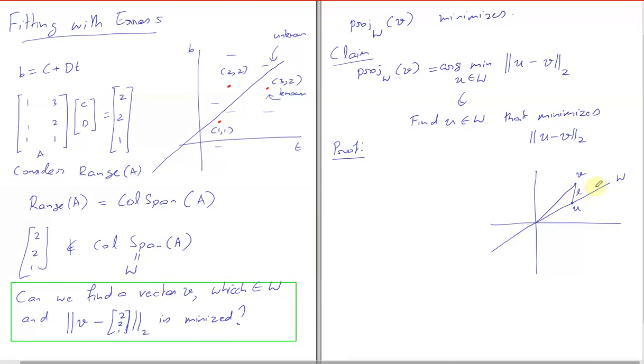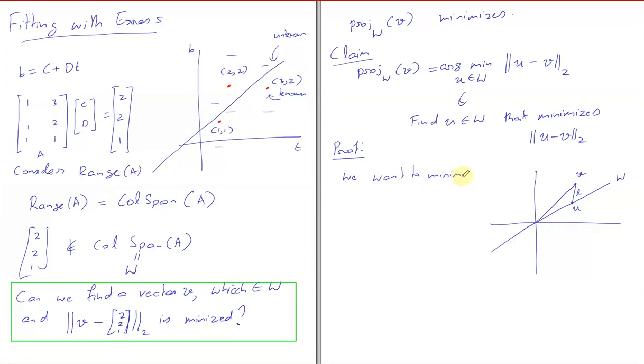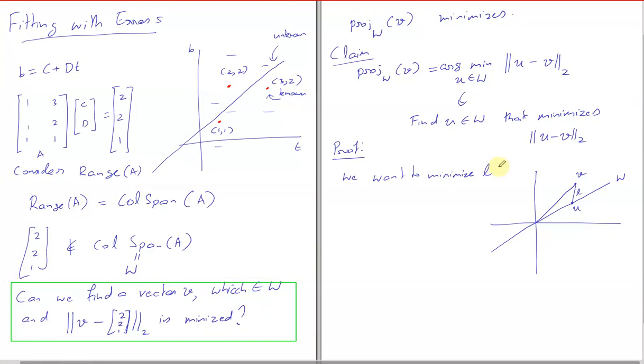Let's call this L. We want to minimize L. You agree? And when is L minimized? Intuitively, you can look at the figure and say, only when it's a 90-degree line like this, geometrically, right?